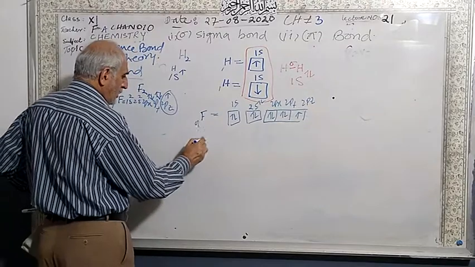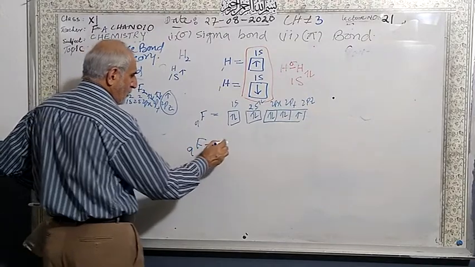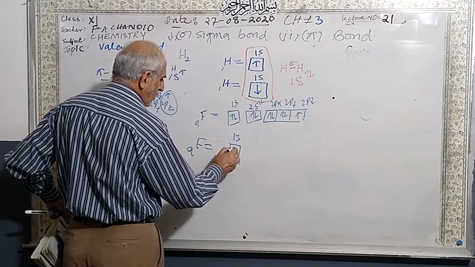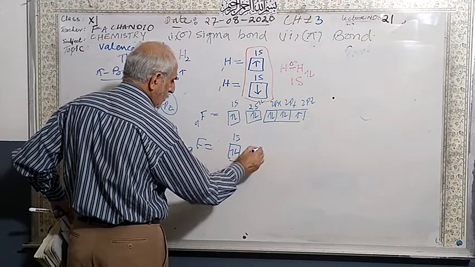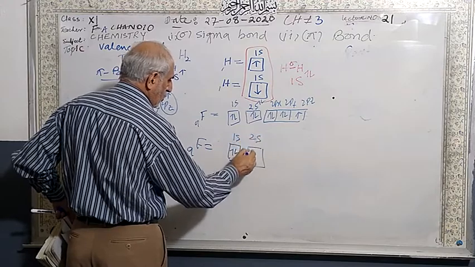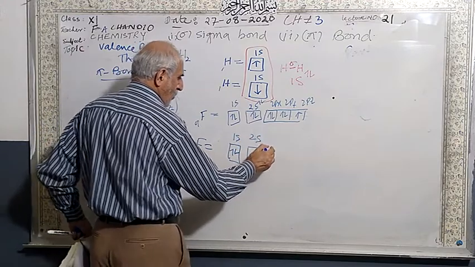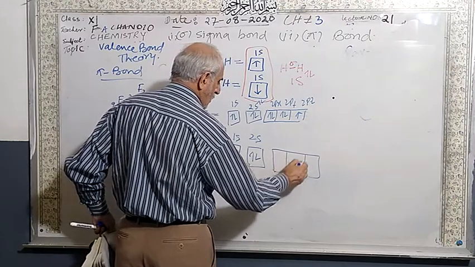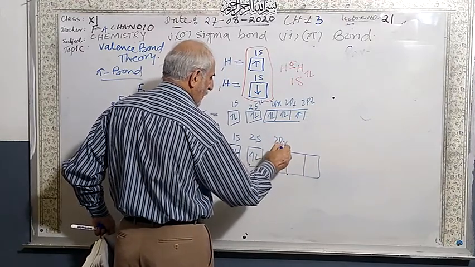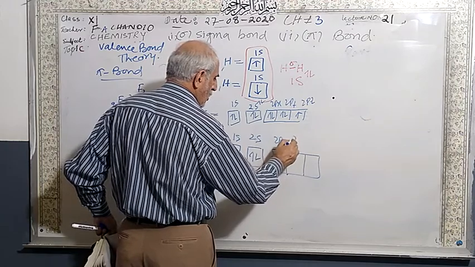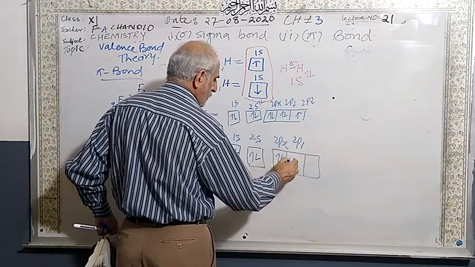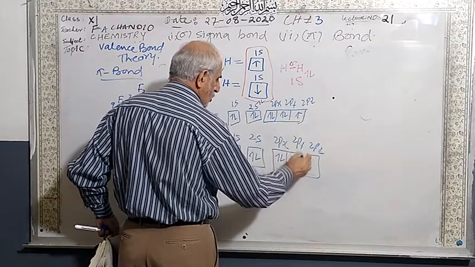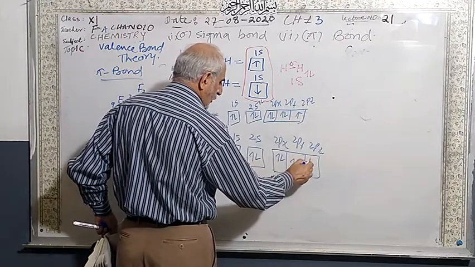The other fluorine atom, atomic number 9, is the same: 1s2, 2s2, 2px2, 2py2 and 2pz. According to the rule, you have to put downward spin.